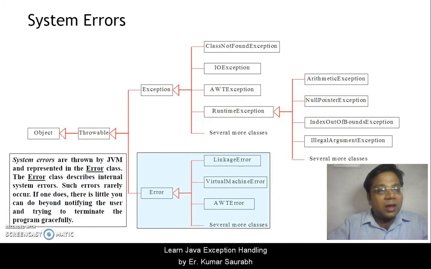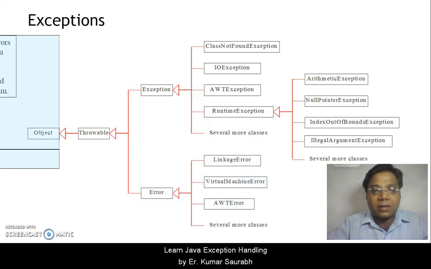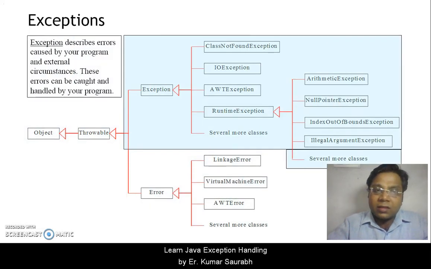The system errors are thrown by the JVM and represented in the Error class. So this is about errors and exceptions. Exception classes describe errors caused by your program and external circumstances. These errors can be caught and handled by your program.